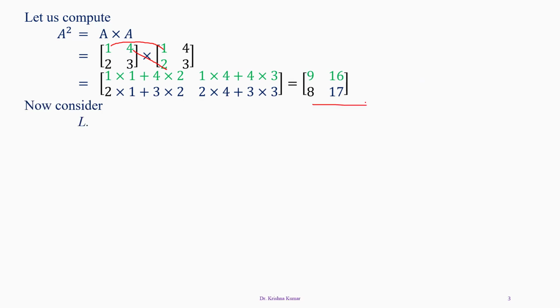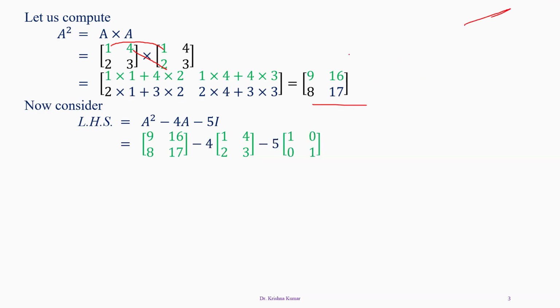Now consider the left hand side, which is A² - 4A - 5I. Putting in the values, it is [9, 16; 8, 17] - 4[1, 4; 2, 3] - 5[1, 0; 0, 1], because the last one is the identity matrix.